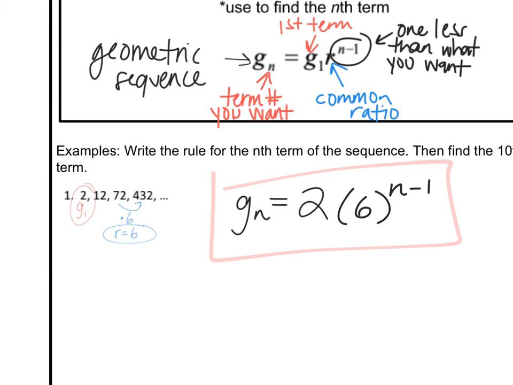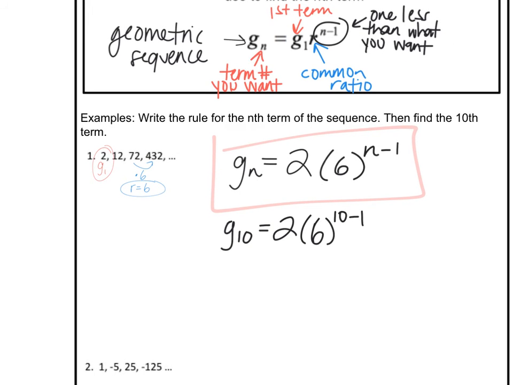What's the equation? Now I'm asking you to find the 10th term. So what do I put for n? 10. So take the first term, multiply by 6, 9 times, since you already have the first term. 9 more times is what it's saying.